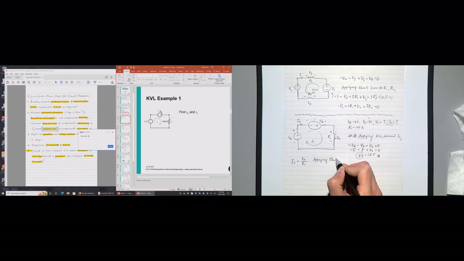Ix is Vx divided by 100, which gives us 0.12, and in engineering notation, 120 milliamperes.